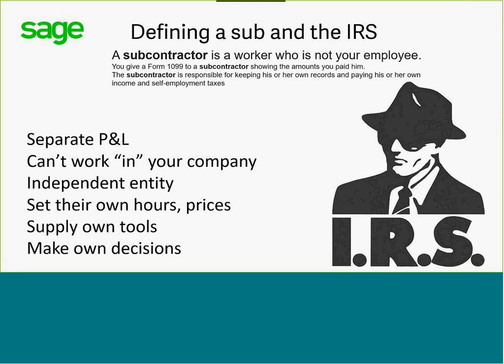So the IRS has two tests, actually, to determine whether they're an employee or not. And by the way, the test does not include, do you declare them as a 1099? The first test they use is the consistency test. Do you consistently file 1099s for all workers doing the same task in this manner?